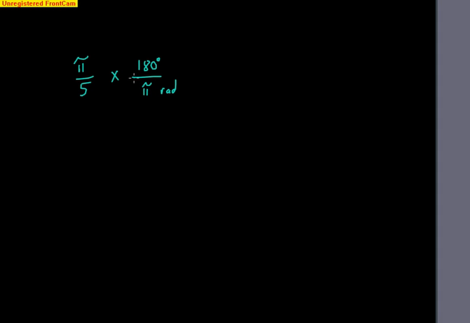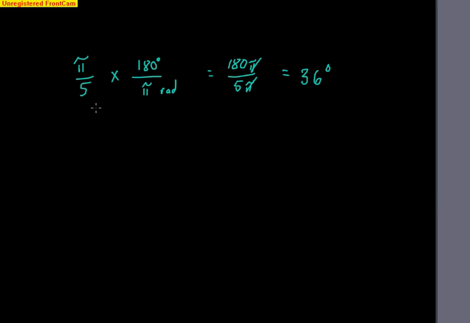But I need the radians on the bottom so they cancel. So I get 180 pi divided by 5 pi. This is great because the pi's cancel, and I just get 180 divided by 5, which is 36 degrees. So 36 degrees is pi over 5 radians.